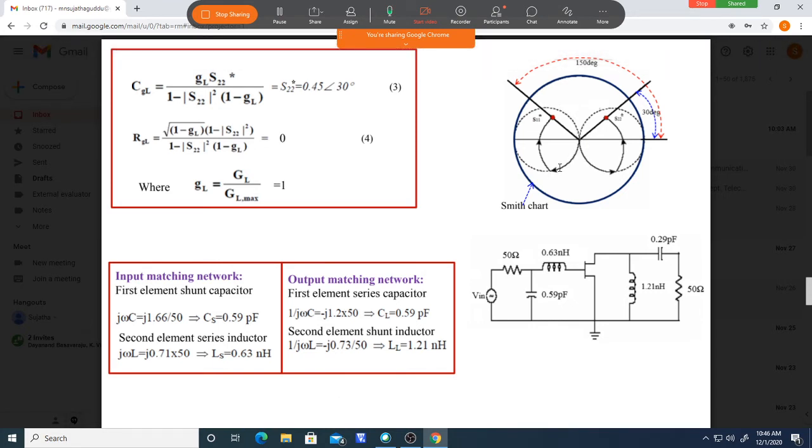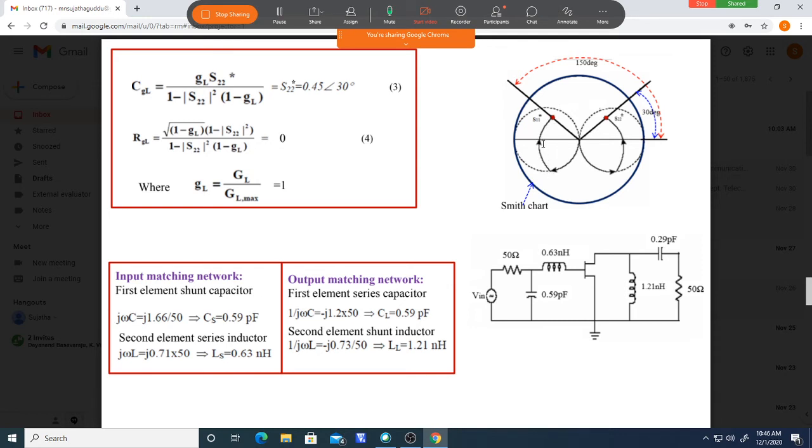Okay, next from here we are moving on a constant resistance circle, like this on the Smith chart. All of you must do it. I will give the same problems as an assignment in the next class. All of you must practice this. So from here you move like this on the resistance circle.